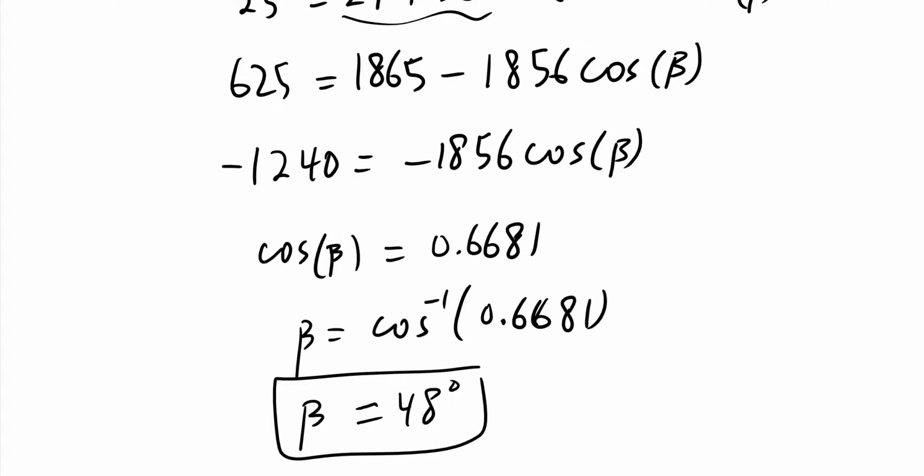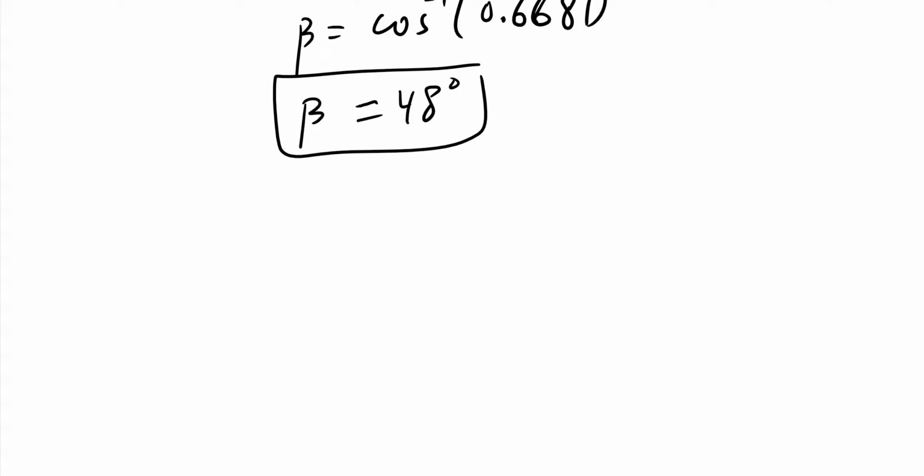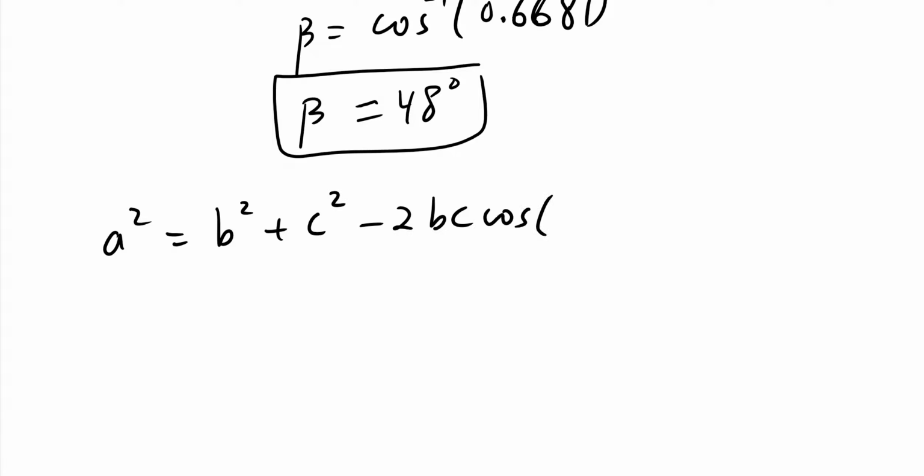But notice which one has more work? Well, the law of cosines. In general, if I start with law of cosines again, a squared plus b squared minus 2bc cosine angle A. Okay, look what I'm going to do. I'm going to add this to both sides and subtract a squared from both sides.